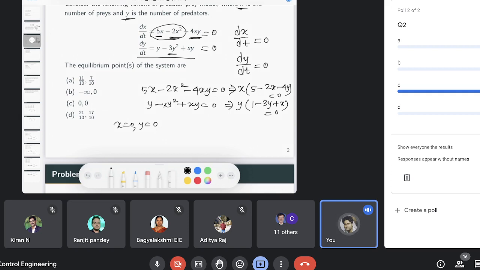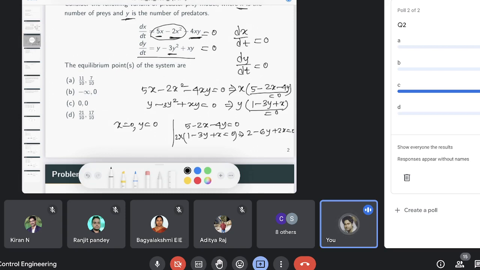The other equilibrium point will be the solution of these two equations: 5 minus 2x minus 4y equal to 0, and 1 minus 3y plus x equal to 0. Then you just have to solve this system of equations. Multiply the second equation by 2, so it is 2 minus 6y plus 2x equal to 0.